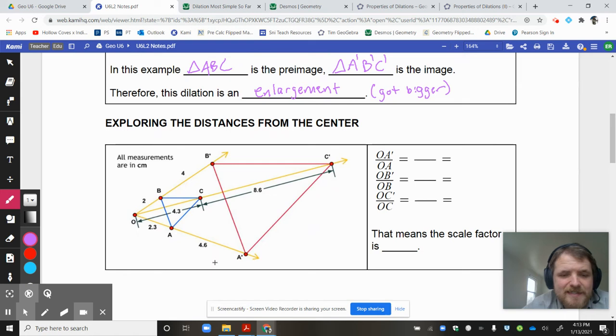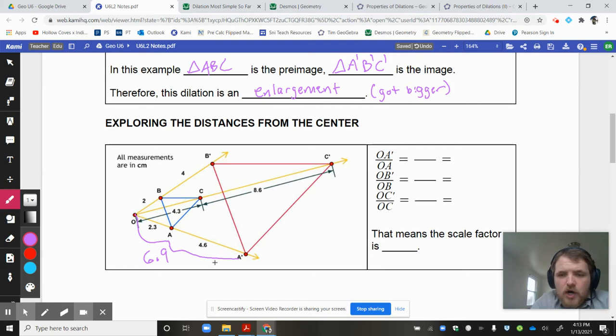That entire distance is going to be 2.3 plus 4.6, which is going to be 6.9. So I'm going to go ahead and put that in my ratio up here. O to A prime is 6.9, that whole thing there. And then O to A is 2.3.